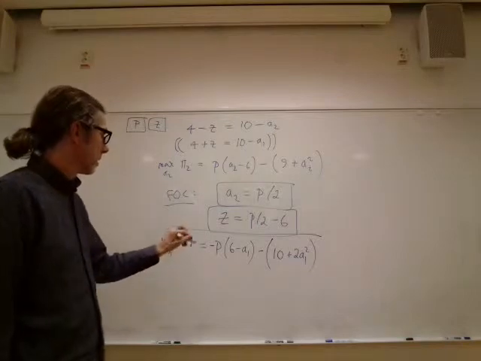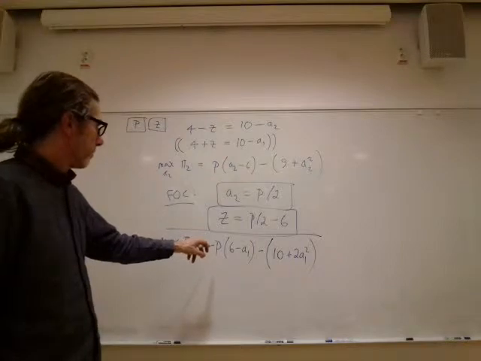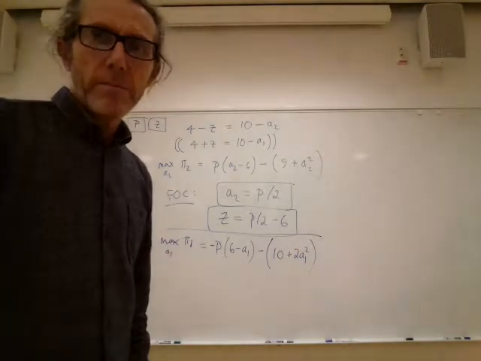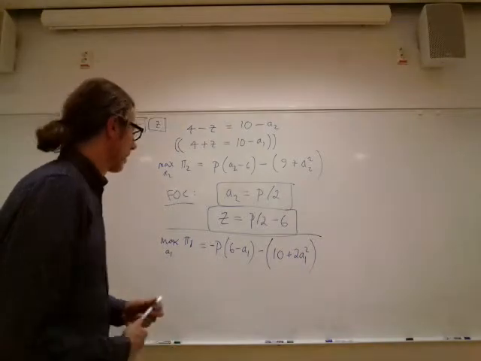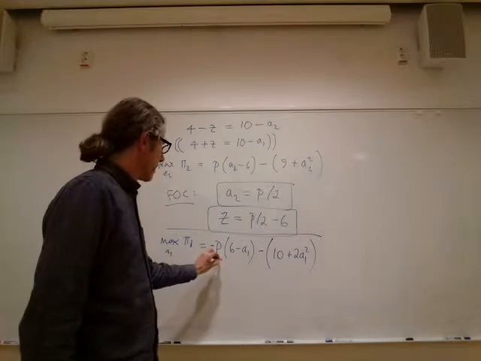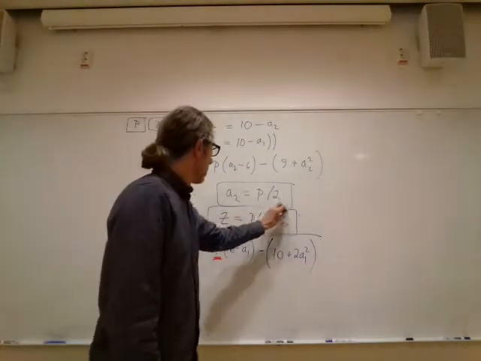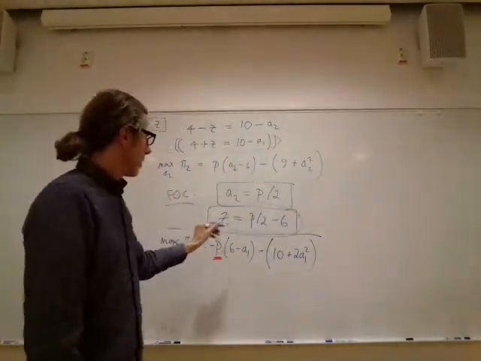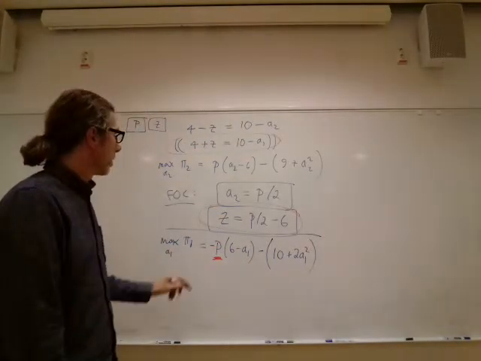Okay, so the key thing now is to use the information we've got to say something more about P. So how are we going to do that? We've got this and this. We know how Z is linked to P, but we also need to know how Z is linked to A1.